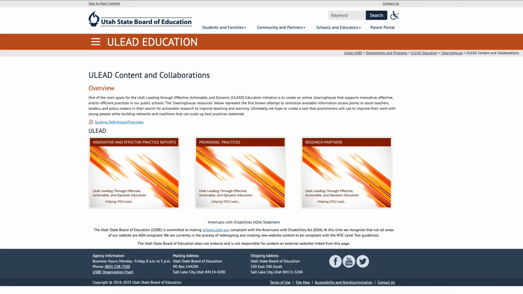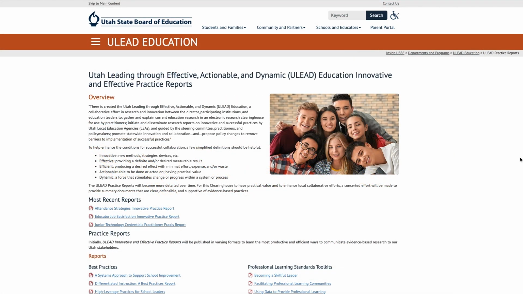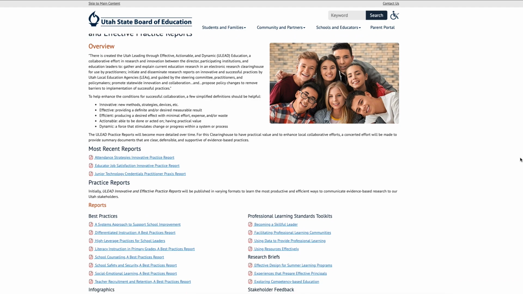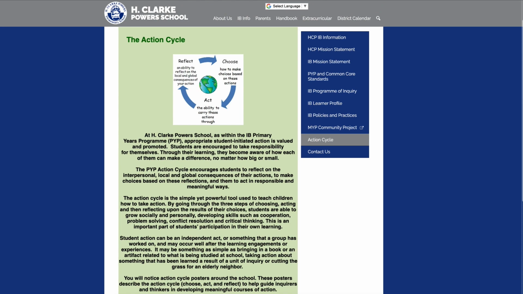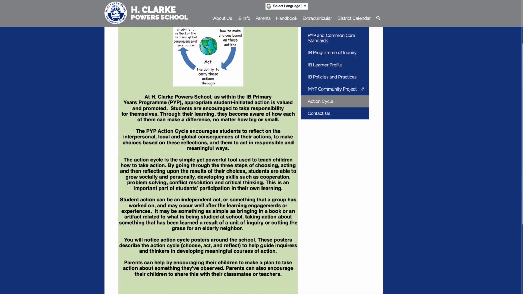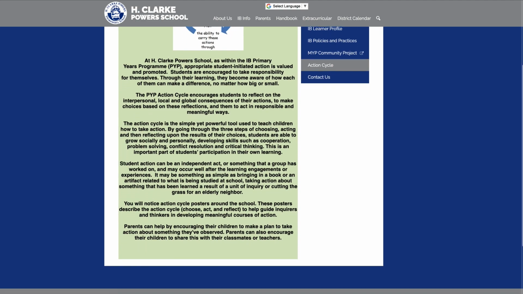The Utah State Board of Education has a clearinghouse through the ULEAD project that might be helpful. You can also rely on a lot of frameworks that have been developed to help you with these practices. Things like the IB Action Cycle, or the PCBL framework, or of course, the Education Technology Competencies.